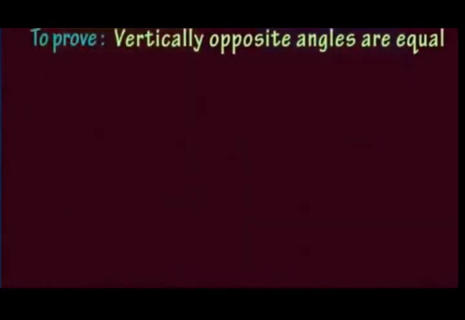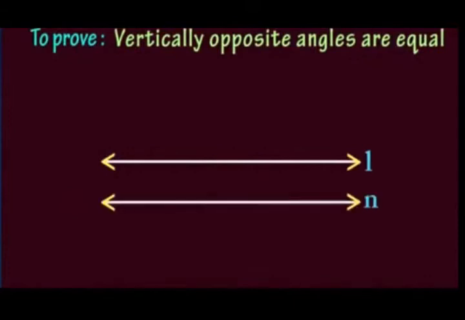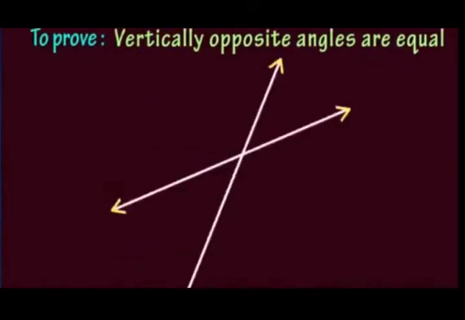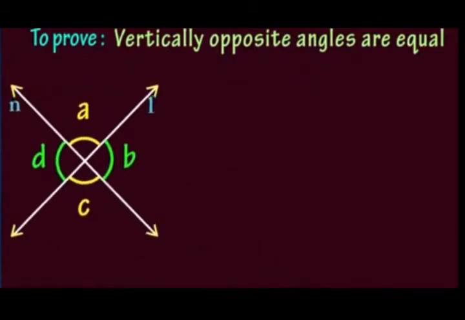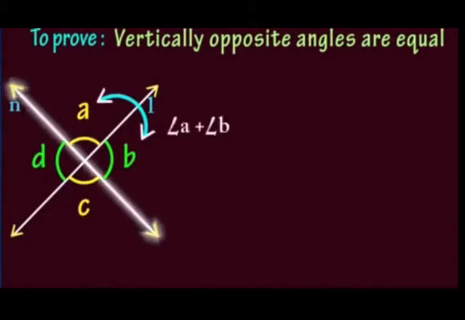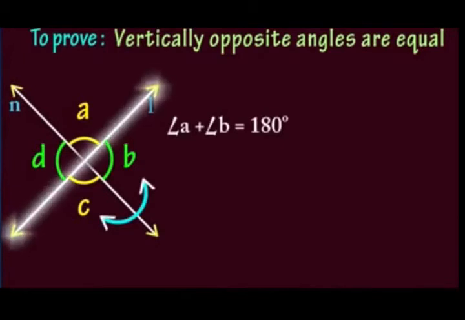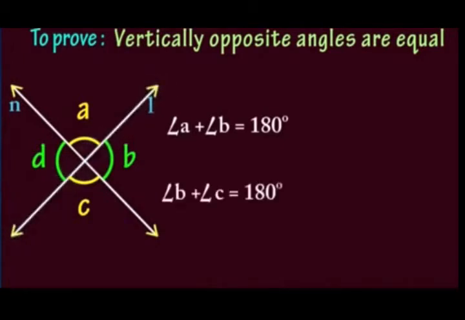Now let us prove that vertically opposite angles are equal. So let us take a line L and a line N, which are intersecting lines and forming angle A, angle B, angle C and angle D. For that we know that angle A plus angle B is equal to 180 degrees and angle B plus angle C is equal to 180 degrees. Both are forming a linear pair.